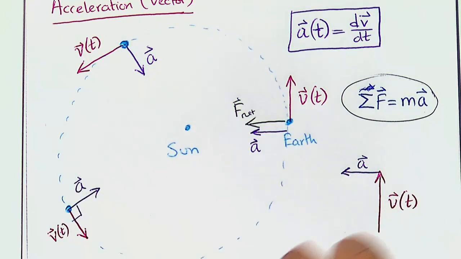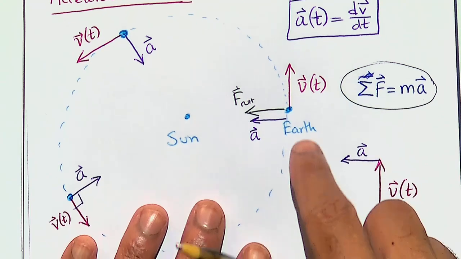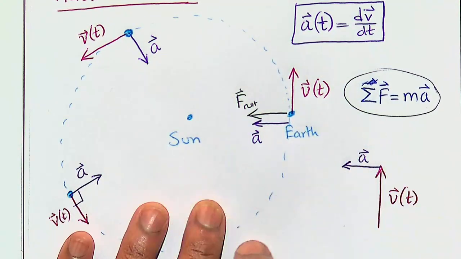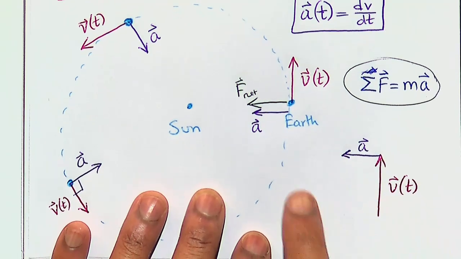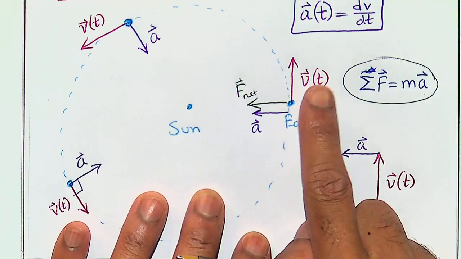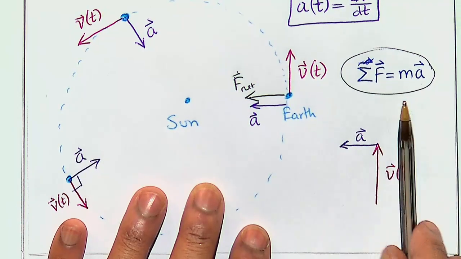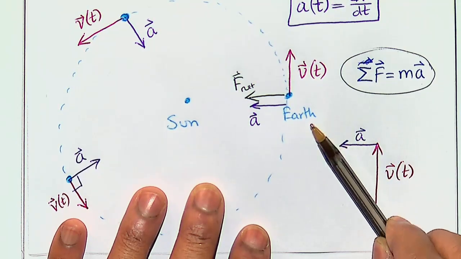So just like in the case of the tennis ball, if you're swirling your tennis ball around, or in the case of the Earth going around the sun in a circle, the magnitude of this velocity does not change. What's changing is the direction of velocity.